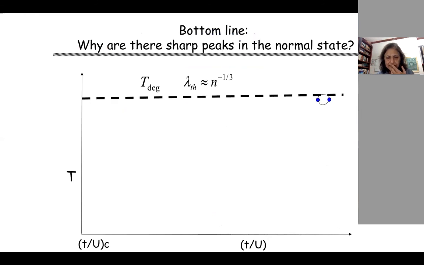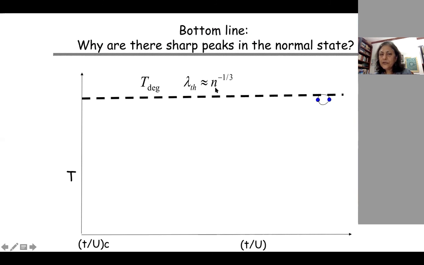Okay, so what I'm doing here is I have temperature on the vertical axis and T over U on the horizontal axis. And I'm drawing the dotted line as the thermal de Broglie wavelength.